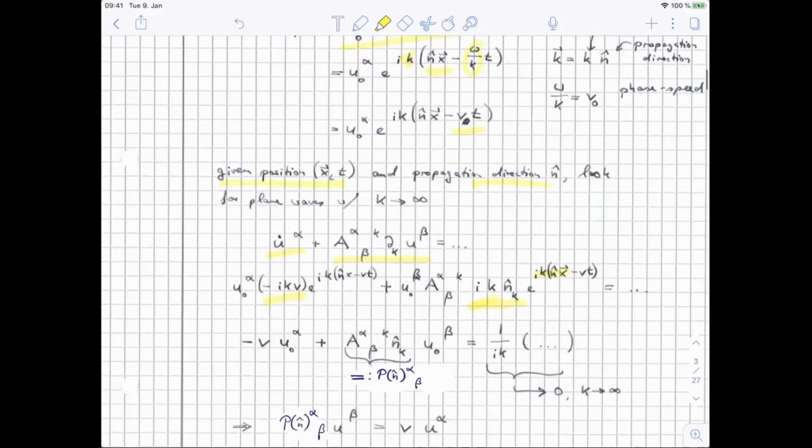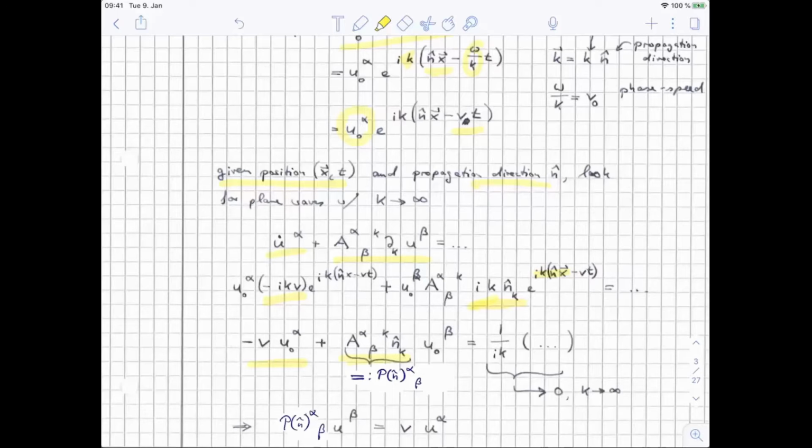That turns the first term into a v times u0 alpha, where u0 alpha is the coefficient vector of our plane wave. And in the second term, what is left is the A matrices contracted with the unit normal n hat of the propagation direction of the waves.